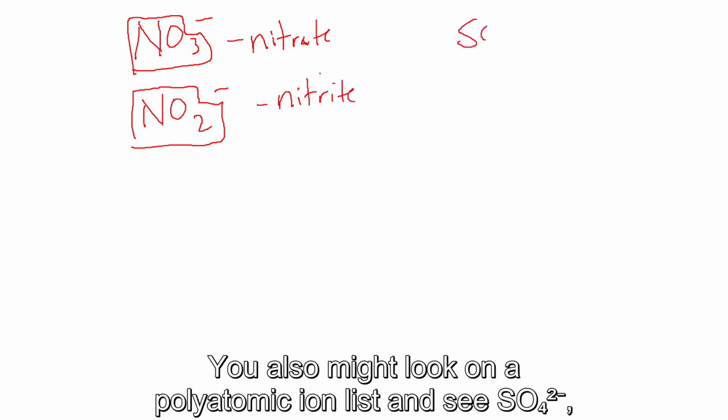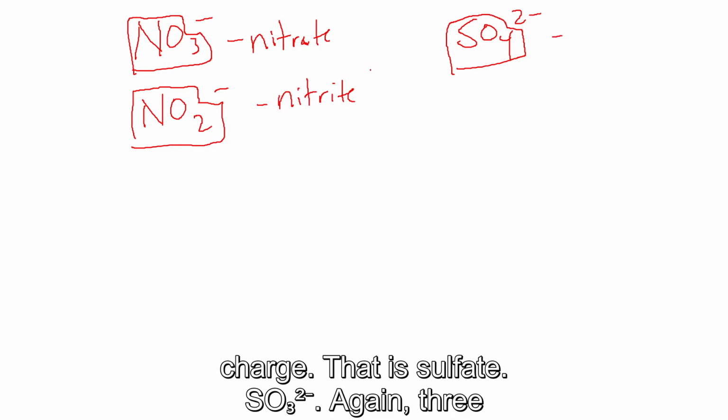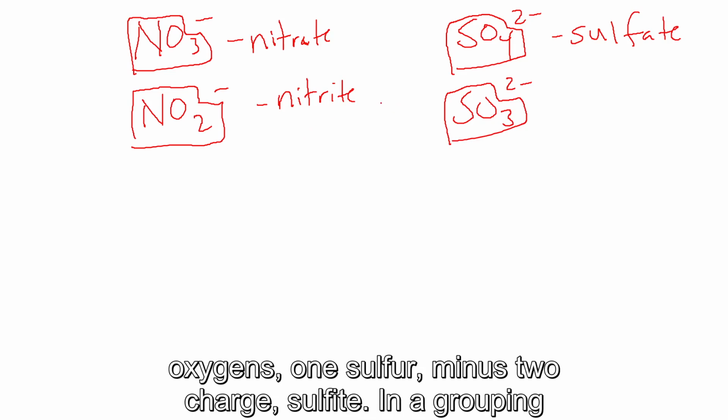You also might look on a polyatomic ion list and see SO4 2-. That is 1 sulfur, 4 oxygens, -2 charge. That is sulfate. SO3 2-. Again, 3 oxygens, 1 sulfur, -2 charge.